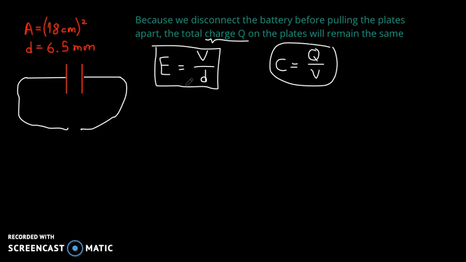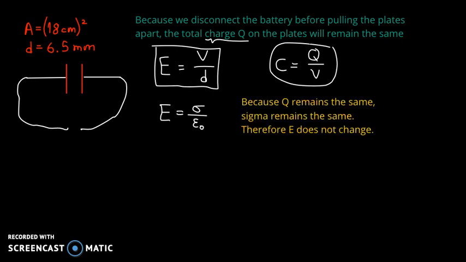Because the surface charge density is not changing, the electric field magnitude is not going to change. So both V and d will change. They will both increase such that the ratio, the electric field magnitude, remains the same. And again, how do I know that the electric field magnitude has to remain the same? That's because the surface charge density on each plate is staying the same.